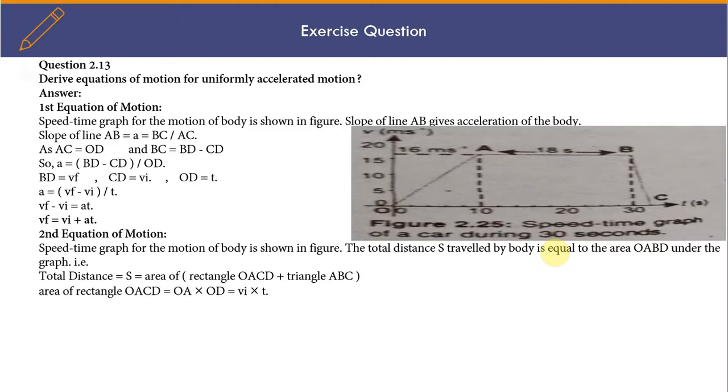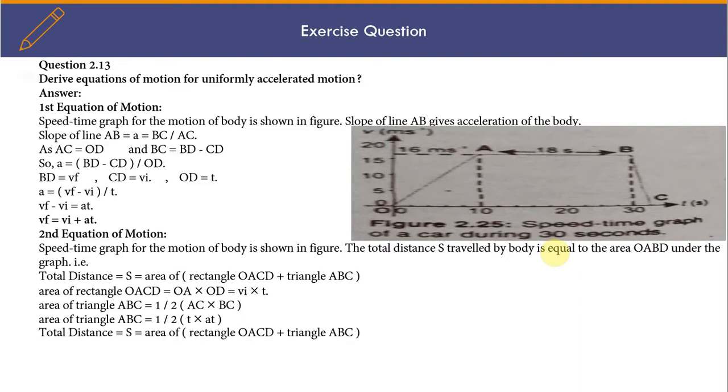The area of rectangle OACD is equal to length into height, that is Vi into t, and the area of triangle ABC is equal to 1/2 AC into BC, which is 1/2 t into at. When we combine, we get the total distance: Vi t plus 1/2 t into at, that is S = Vi t plus 1/2 at squared.